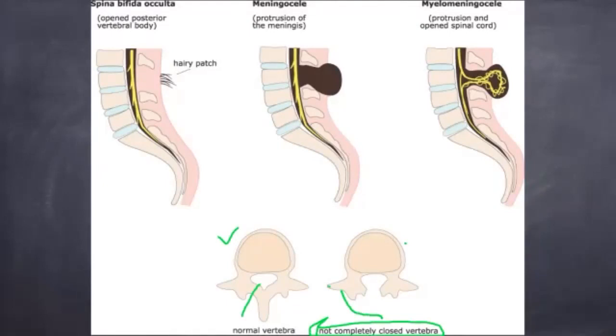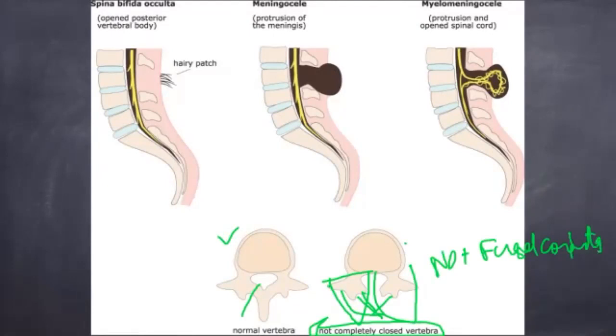That means both sides of the vertebral arch are not fused completely. So there will be a bony defect in the vertebral column, through which sometimes there will be protrusion of meninges. It is called meningocele. If along with meninges, the spinal cord also protrudes to the outer surface, it is called myelomeningocele.